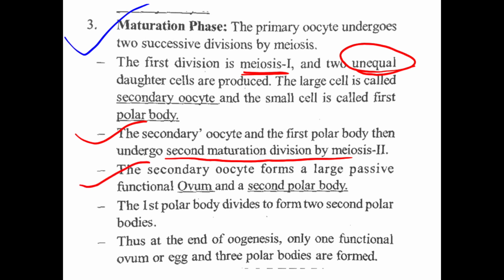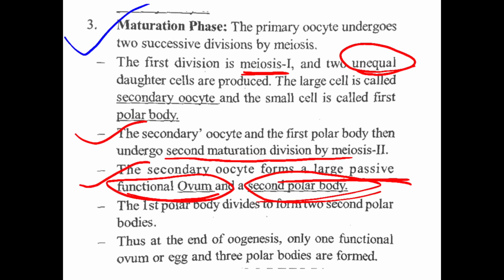The secondary oocyte forms a large functional ovum and a second polar body, and the first polar body again divides to form two polar bodies. So three polar bodies are formed.